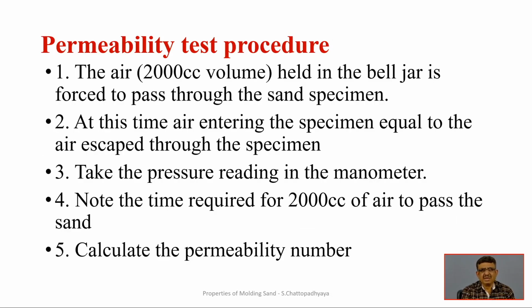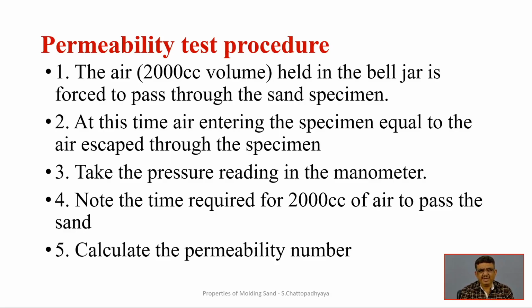A 2000 cc volume held in the bell jar enters the specimen, equal to the air escaped. Take the pressure reading of the manometer and note the time required for 2000 cc of air to pass through the sand, and calculate the permeability.